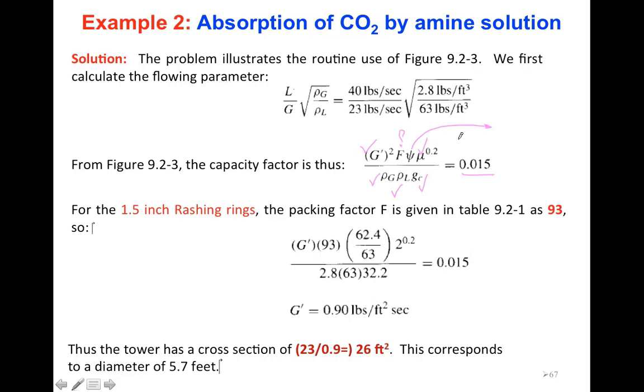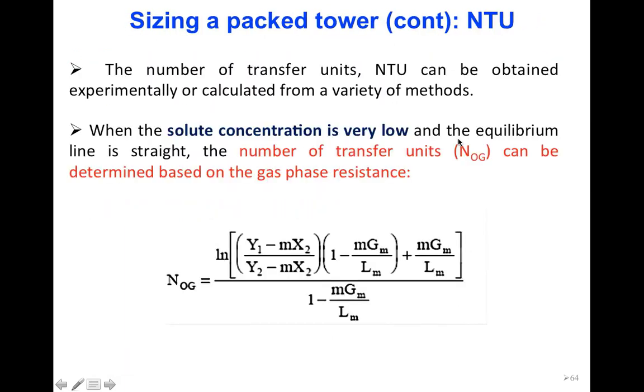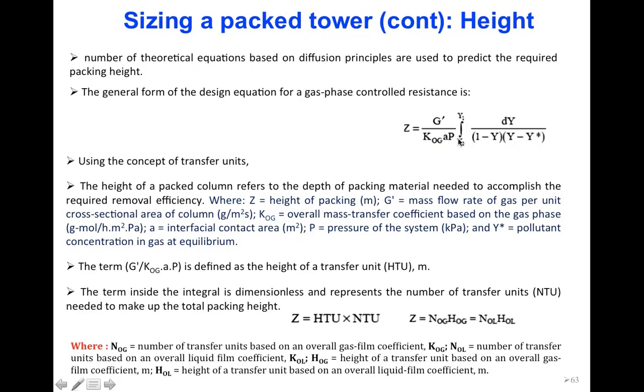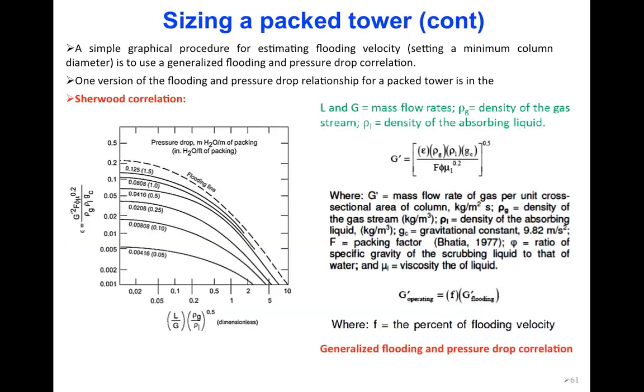Let me check what that term was again. Okay, yes, this mu here is the ratio of the specific gravity of the scrubbing liquid to that of water. It can be either the specific gravity or the density.